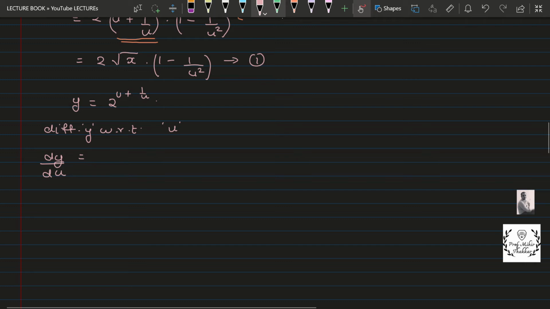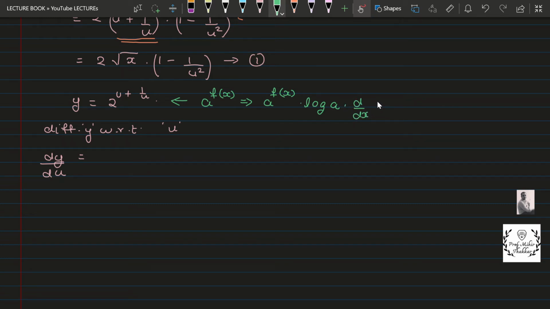As I told you in the beginning, this is again in the form of a raised to f(x), and the derivative of a raised to f(x) is a raised to f(x) into log a into d by dx of f(x).